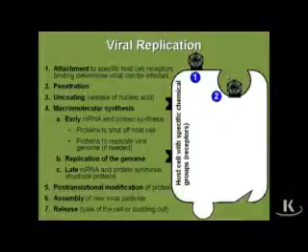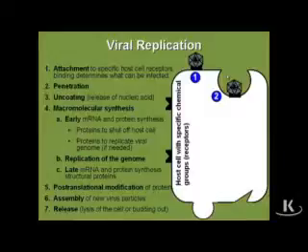Now the very next step is penetration. The virus, being an obligate intracellular pathogen, once it attaches, has to penetrate that host cell in order to get into the cytoplasm and eventually be able to replicate. The next step is that we have to get our nucleic acid made.